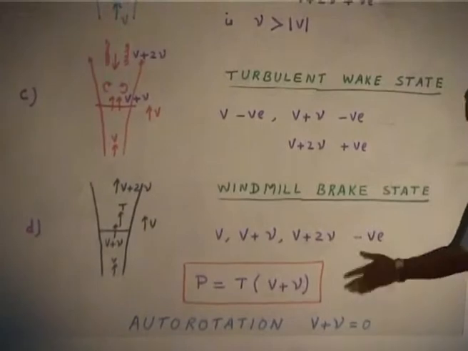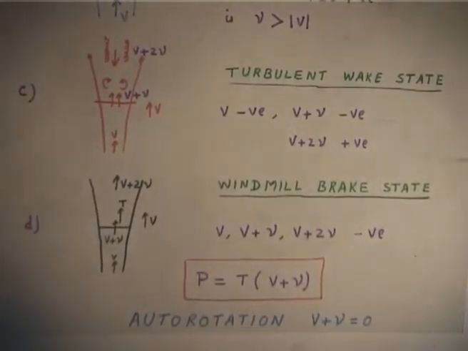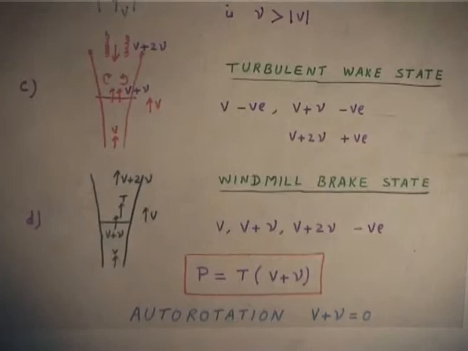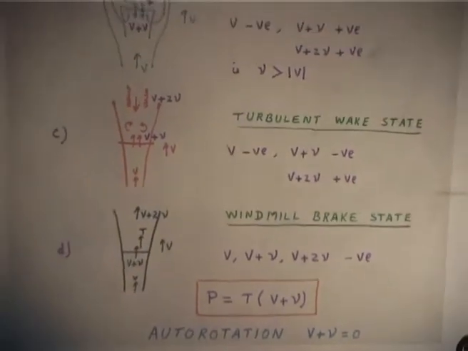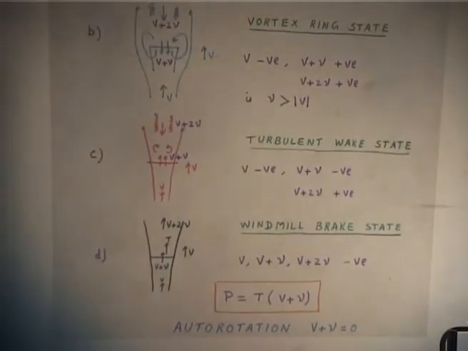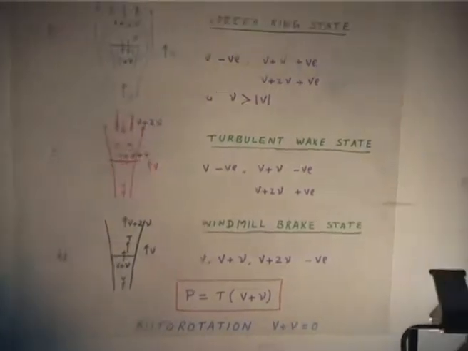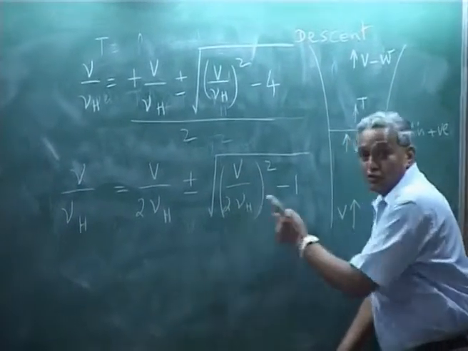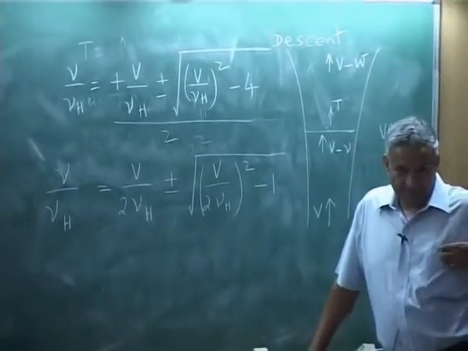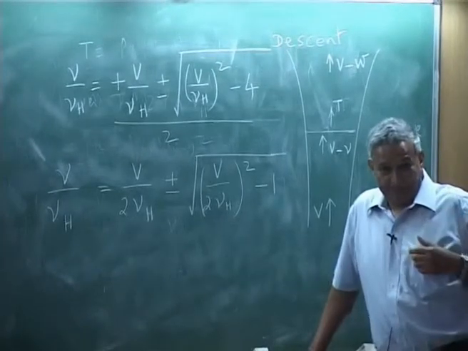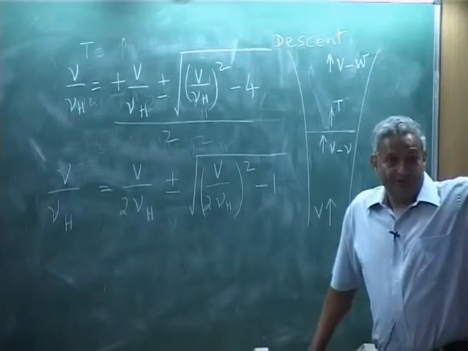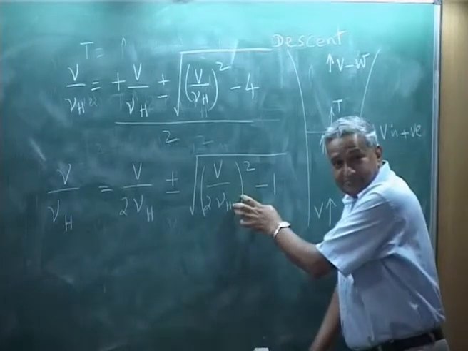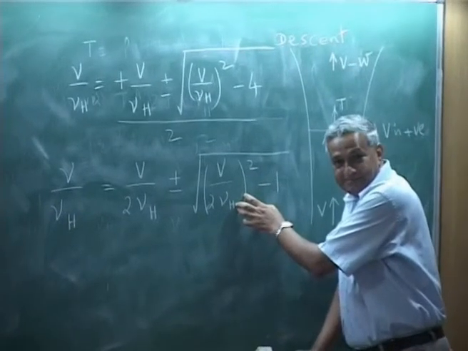which means this equation is valid only in the here, okay. It is not valid in these places, but I will get a root. Is it clear, or you have some confusion? Because you know that only when V is greater than 2 nu h, that the velocity should be much larger than 2 nu h, then this is positive, okay.